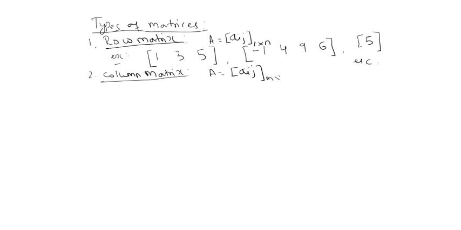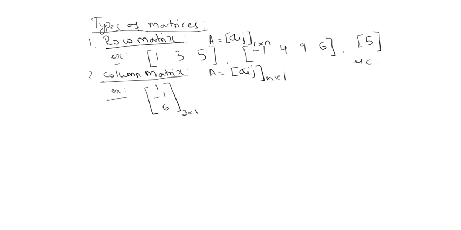For example, here we can write say 1, minus 1, 6. So the order of this is 3 rows but only one column, 3 by 1.